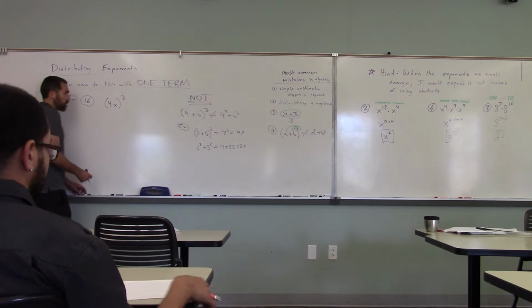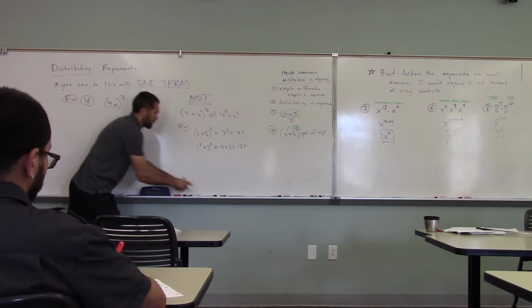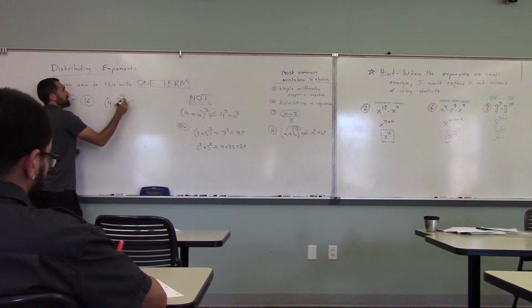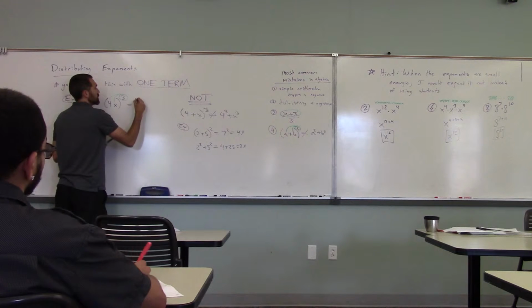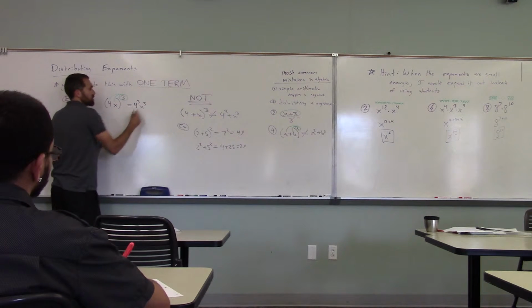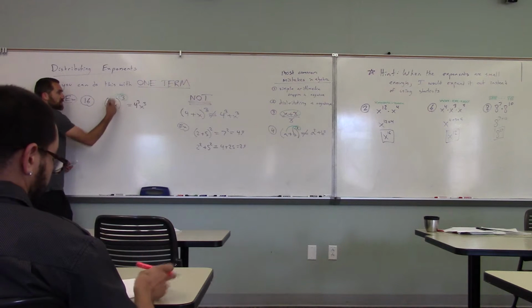Okay, but when it's multiplication, you can, whoops, I wanted green. You can do this and get that this is 4 to the third, x to the third. And it's not magic. The reason you can do it is because write it out.